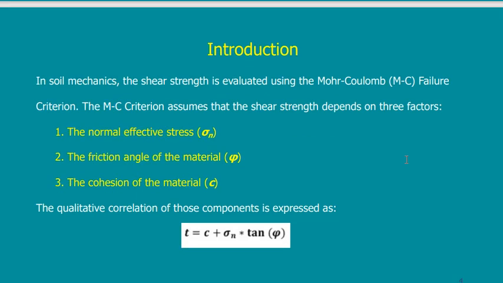coming to the lab. In soil mechanics, the shear strength is evaluated using the Mohr-Coulomb failure criterion. The Mohr-Coulomb criterion assumes that the shear strength depends on three factors.